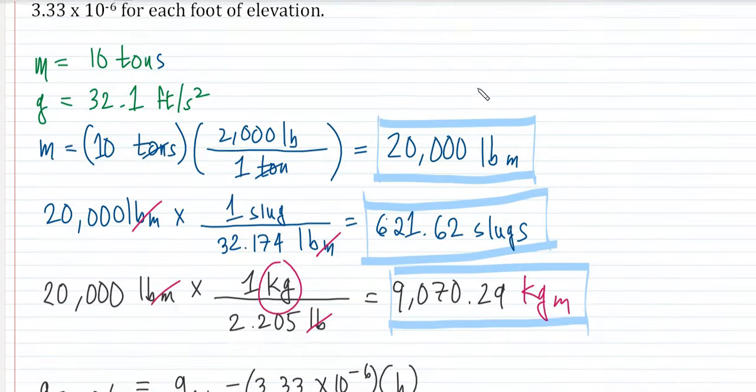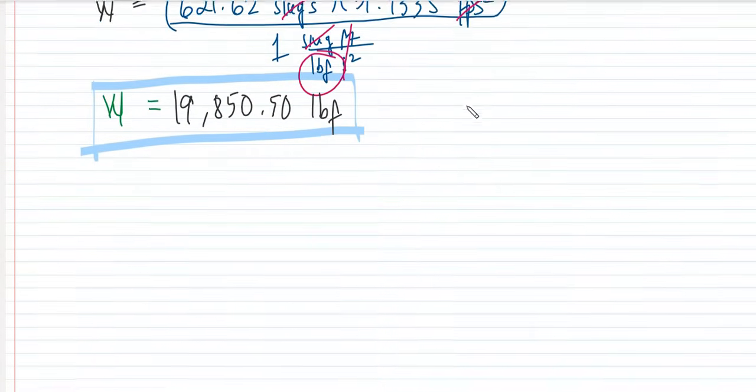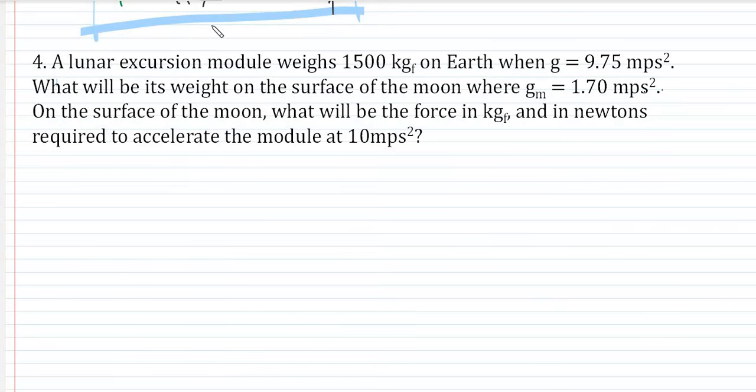So let's go ahead with our problem number 4. We have a lunar excursion module that weighs 1,500 kilogram force on Earth. These are very important details: this is on Earth, where G is equal to 9.75 meters per second square.